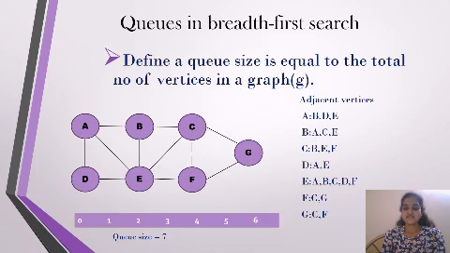So, queues in breadth first search. Define a queue size equal to the total number of vertices in a graph. Here is a graph with 7 vertices.